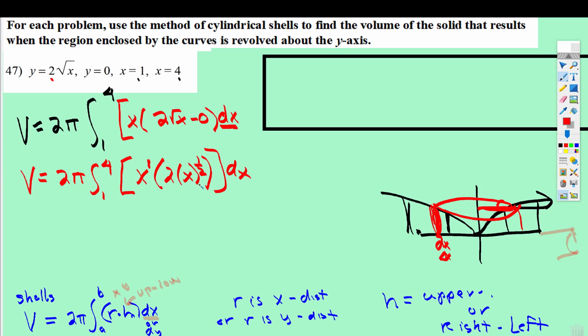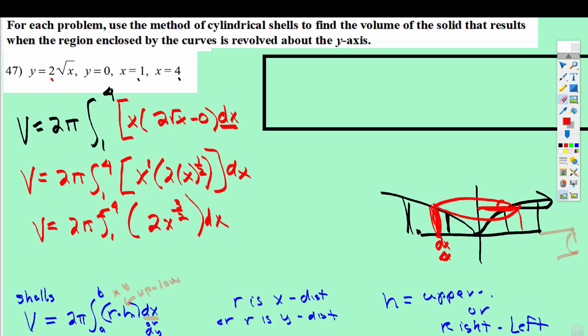When you multiply powers of the same base, you add the exponents. So 1 plus 1/2 is 3/2. So volume is equal to 2 pi, from lower bound to upper bound, and this becomes 2x to the 3/2 dx.